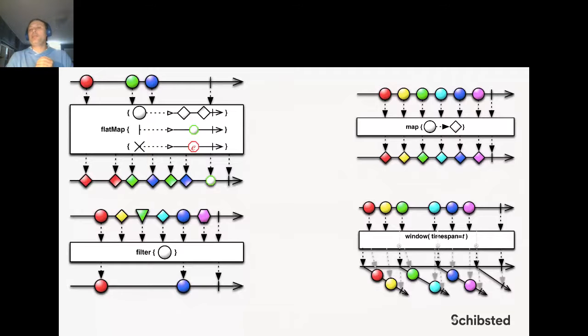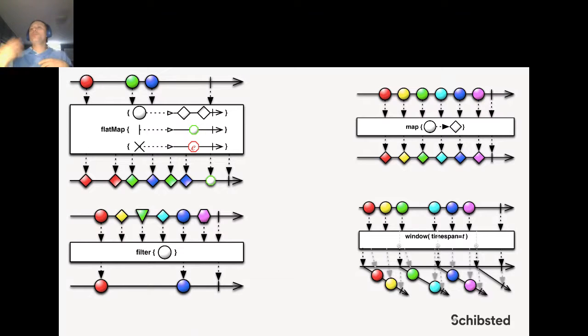A typical pipeline includes operations such as flat map, which means you take one event, one record, and you might produce zero, one, or multiple records. Maps, where you take one record and convert it to something else. You can have filters, where only the records that match the criteria will pass the filter.